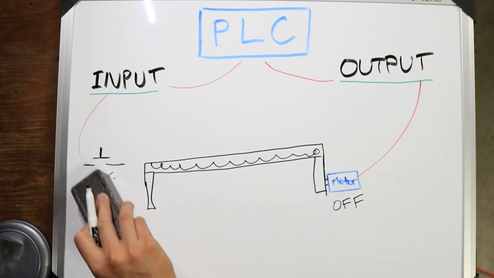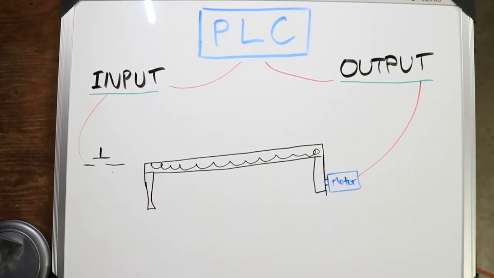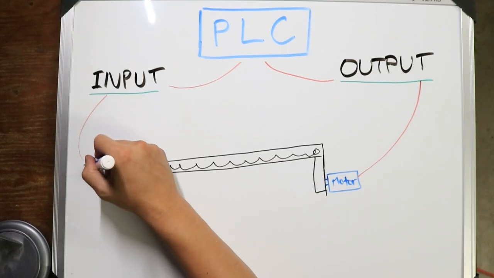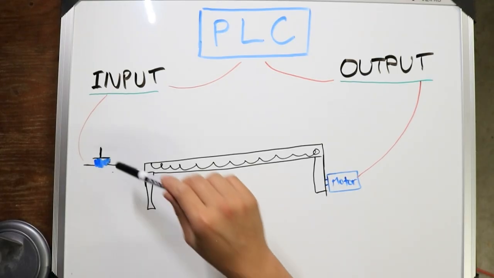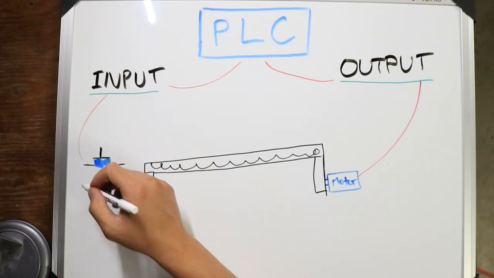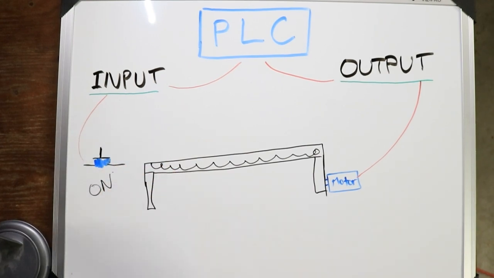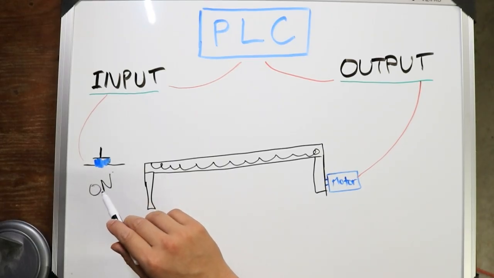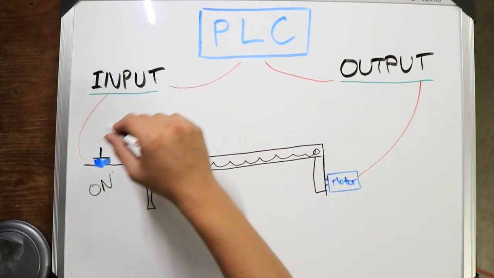So let's say your manager tells you to turn on the conveyor. So what do you do? You go to this push button right here and you push it down. Since you push this button down, now this push button is on. Now that it's on, the PLC reads the signal.